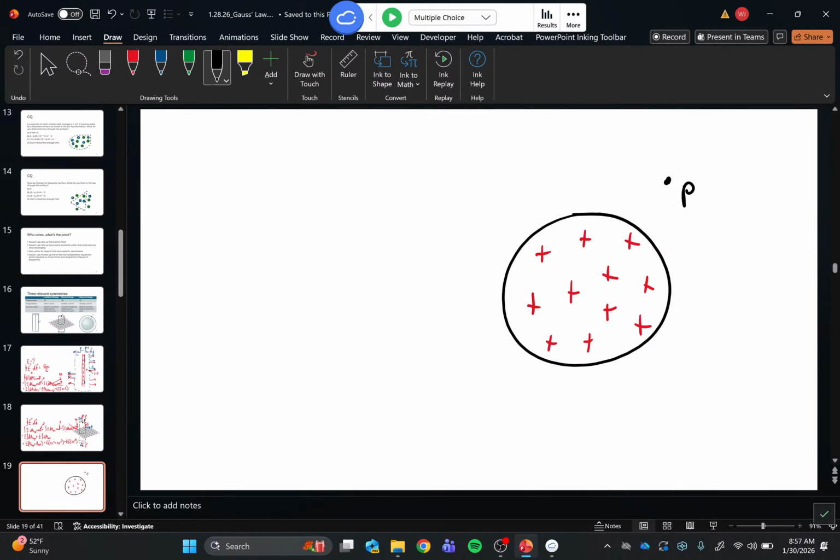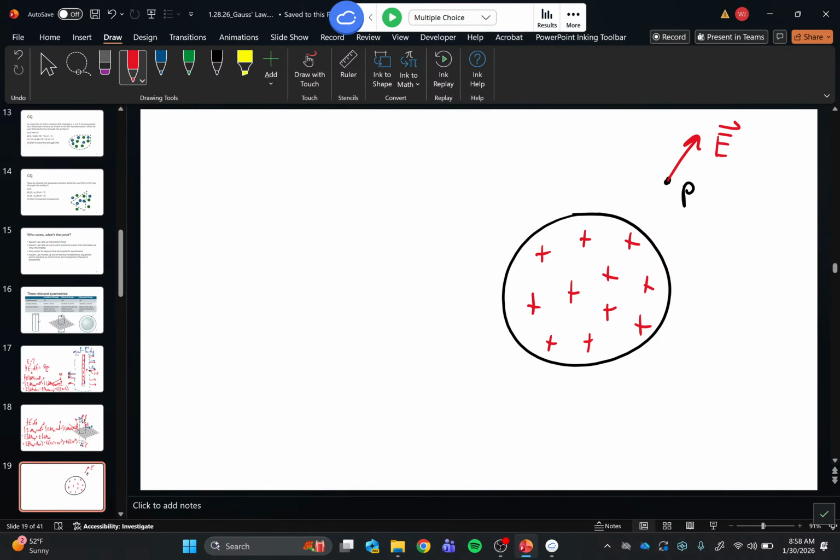Same thing. Which way is the electric field going to point at that point? I want you all to spend 20, 30 seconds thinking about it for yourself. All right, and the answer is up to the right.